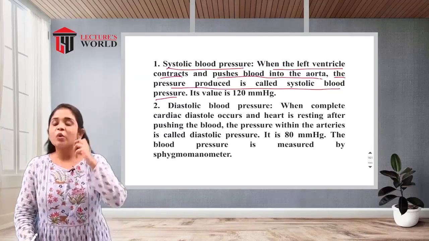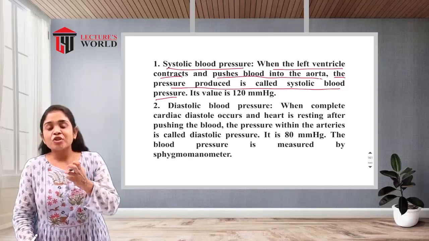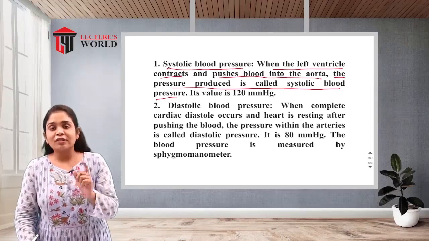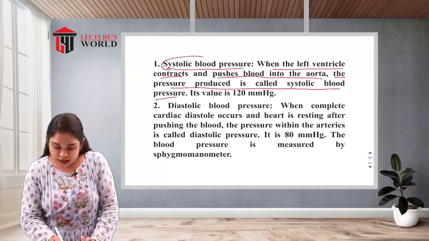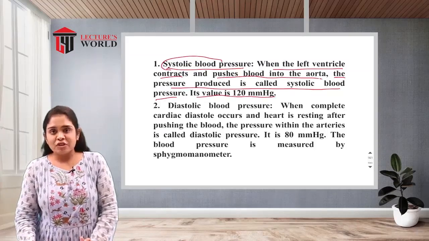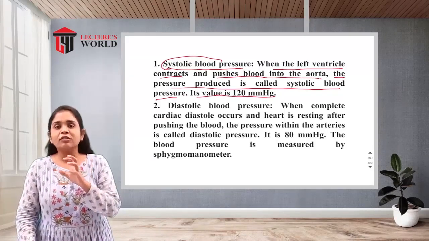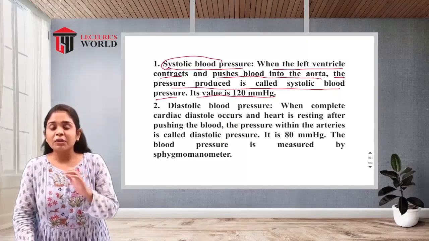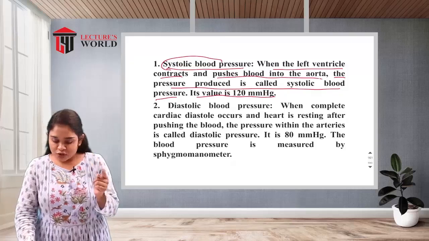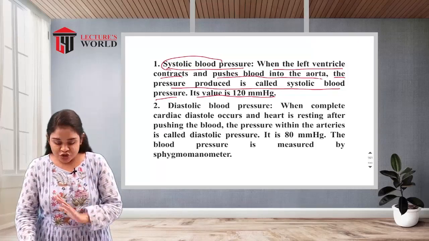When the blood goes into the aorta, one pressure is created. Its value is 120 mm of Hg, which we consider the normal baseline value. So systole is 120 mm of Hg.